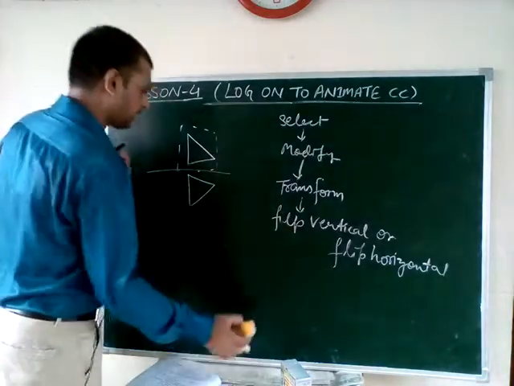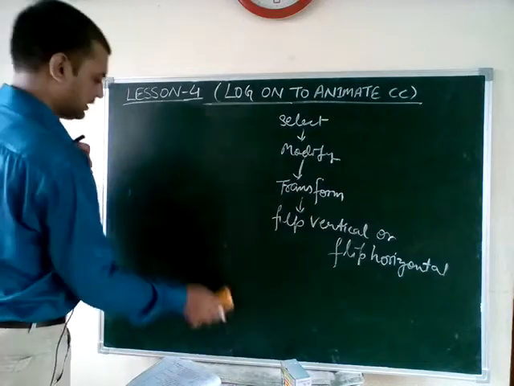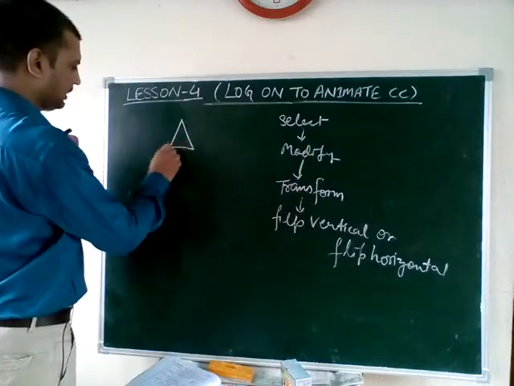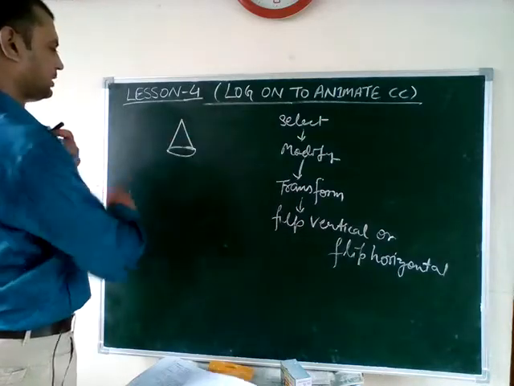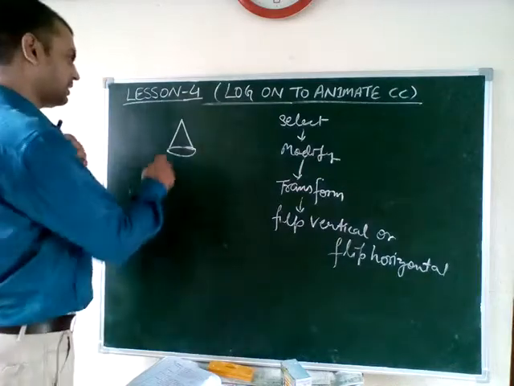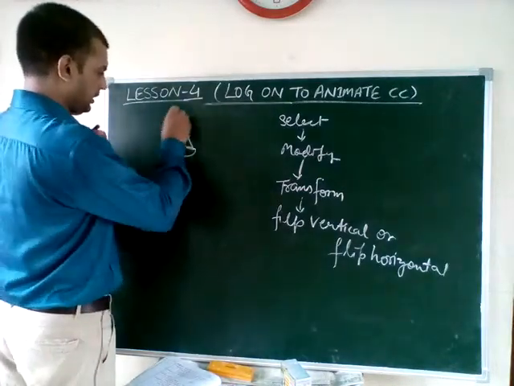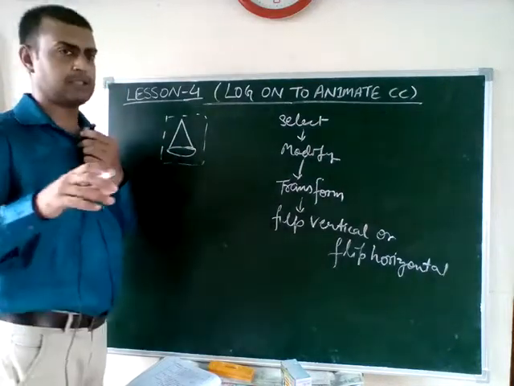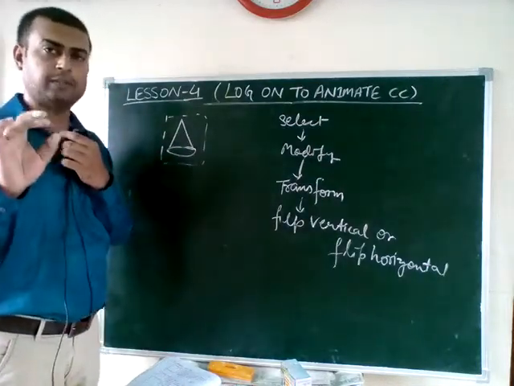Now simply copying an object. If one object is present, like this circular cone, and I want to copy this object, there are two very easy methods. First, select this object. After selecting, right click on it and then press the copy button.